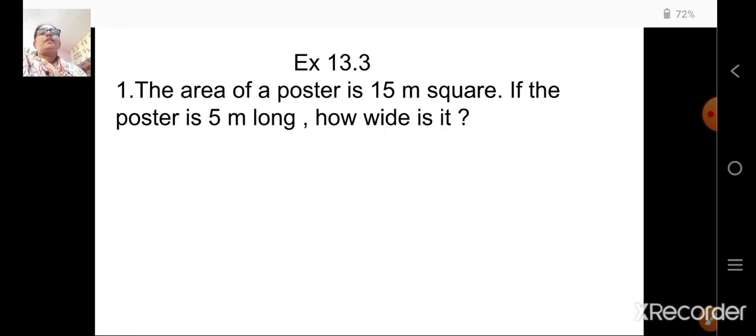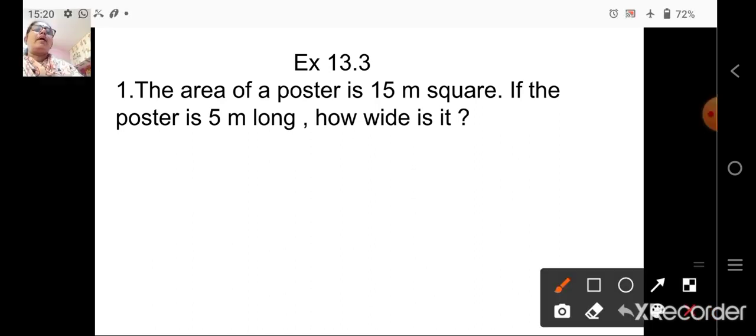You have to solve these exercise sums in your maths notebook. The first sum is: the area of a poster is 15 meters square. If the poster is 5 meter long, how wide is it? Wide means you have to find the breadth. The area is given.